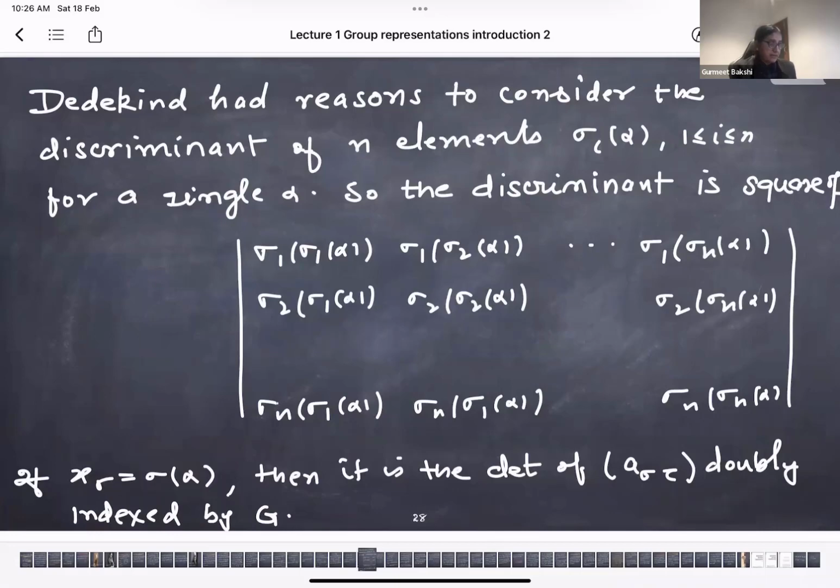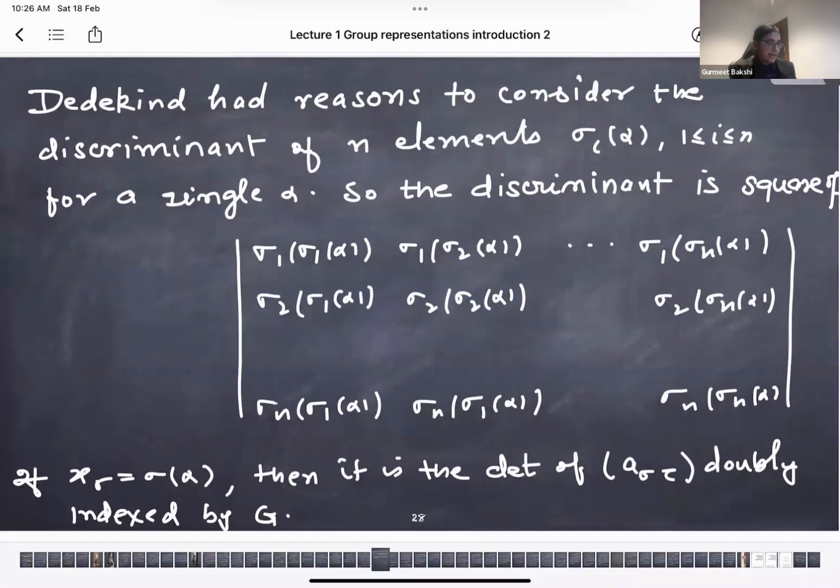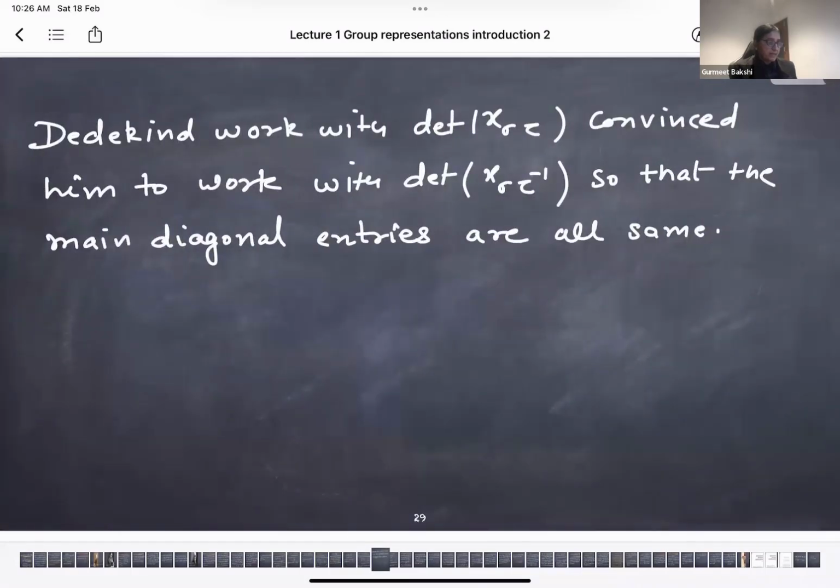Now he said that you forget about this alpha and look at the matrix.